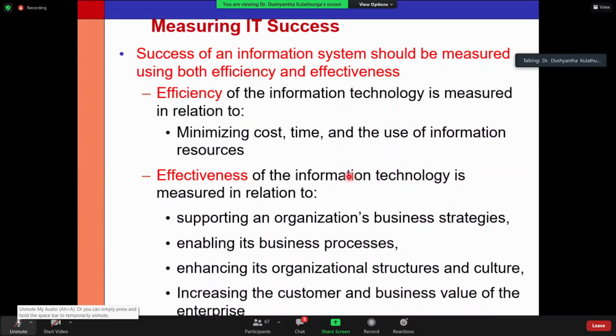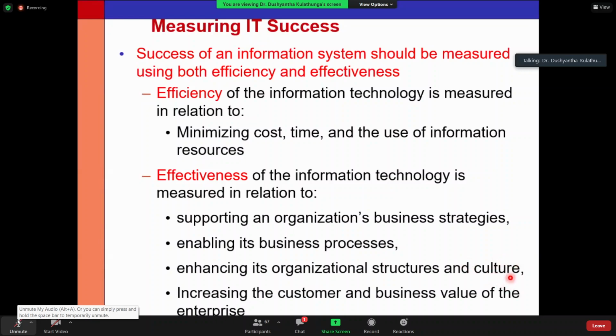But with information technology, if we can make it a flexible structure, so that you can make decisions quickly, or respond to environmental changes quickly, and so on. If information technology enables changes in the existing organizational structure to move it from a rigid structure to a flexible structure, then we can say that the effectiveness is there.